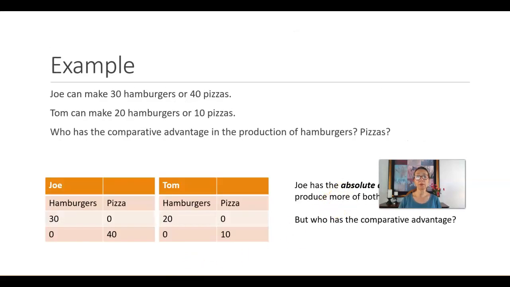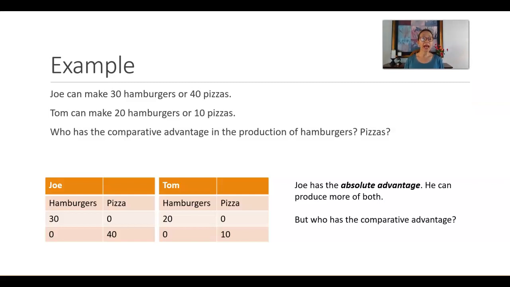So here's an example. Here we have a table that outlines for us how many hamburgers and pizzas Joe can make and how many hamburgers and pizzas Tom can make. So Joe can make 30 hamburgers if he puts all of his resources to the production of hamburgers, and then of course he would make 0 pizzas.